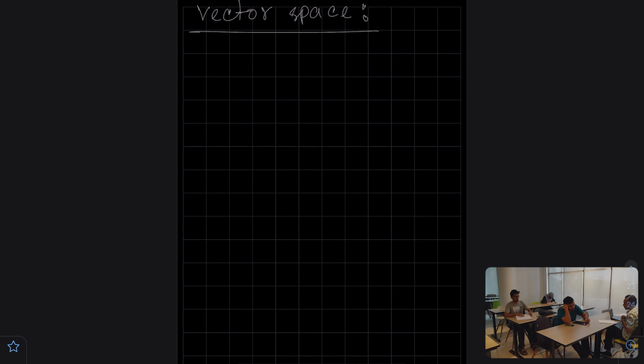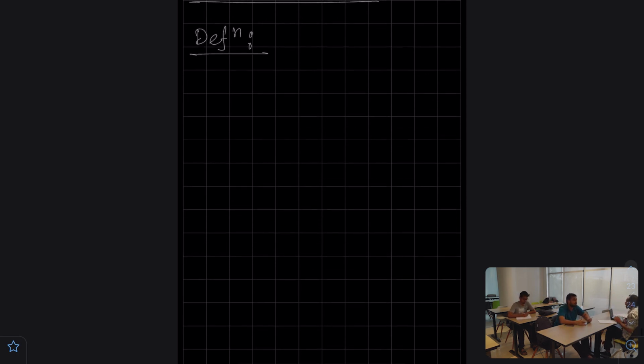So the vector space definition. Unless you have a proper definition of vector space, you cannot say which element is a vector or which element is not a vector.